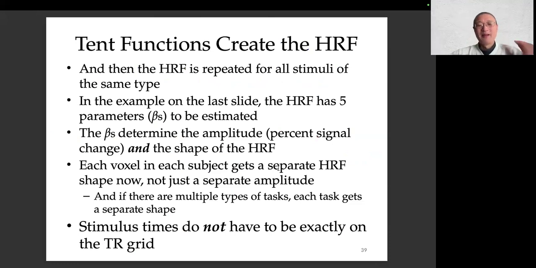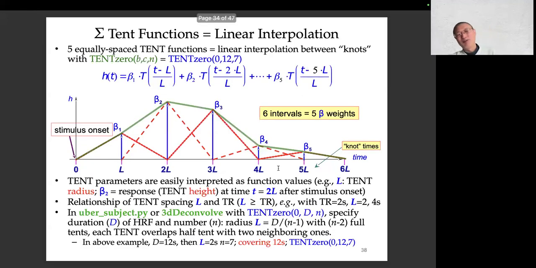But there are at least two caveats, or downsides. One is that you can imagine the model would be much more complicated. Before, each task would create one regressor. Right now, we need multiple regressors.